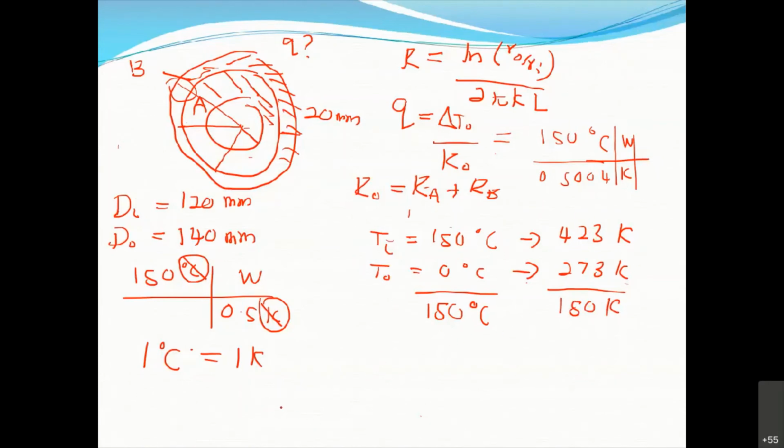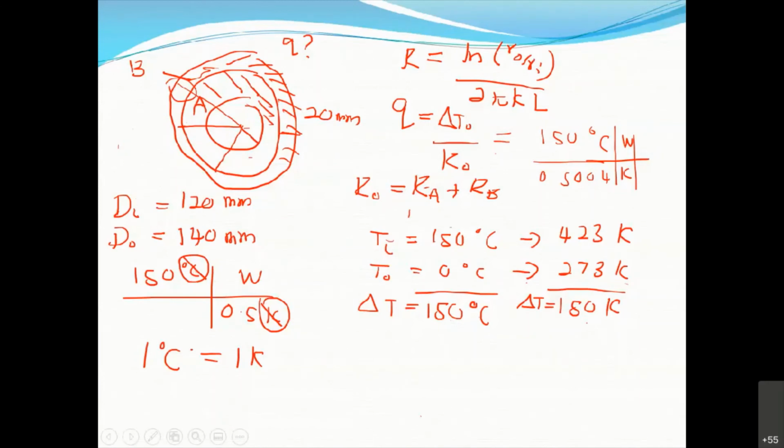This rule is only applicable when you are finding temperature difference, because our value of 150 degrees Celsius and 150 Kelvin is our value of delta T. Our delta T is equal to 150 degrees Celsius, or our delta T is equal to 150 Kelvin. If you are using this, then you can automatically cancel degrees Celsius and Kelvin.